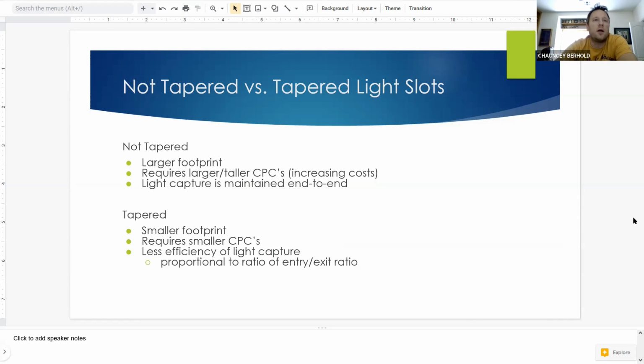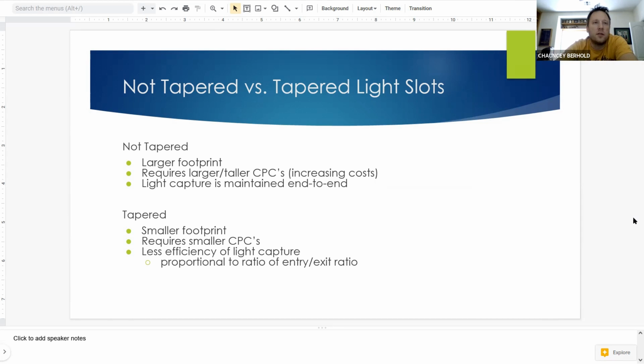So these are the advantages and disadvantages. The ones that aren't tapered and stay a constant distance on the way down require slightly bigger CPCs, which increases cost, but the cost is worth it as you're able to maintain more of the original luminance.